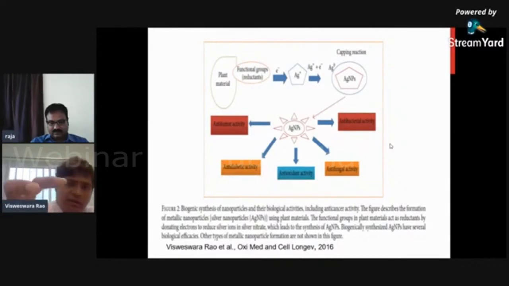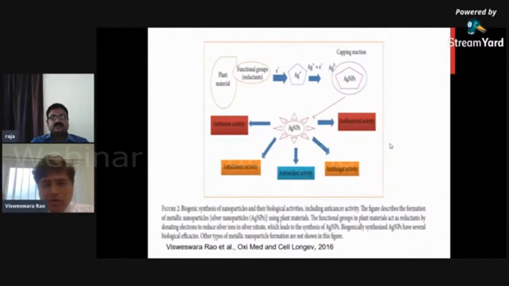You can observe these in the center of the slide, and then different applications: antibacterial, antifungal, antioxidant, anti-diabetic, and anti-tumor activity, which is also called anti-cancer activity.